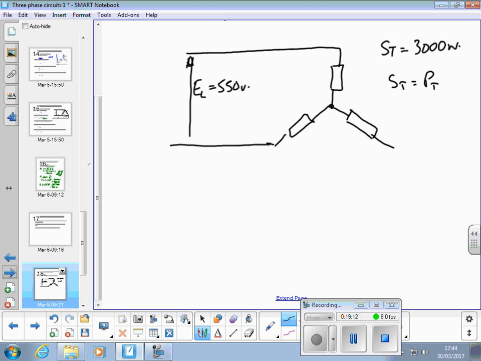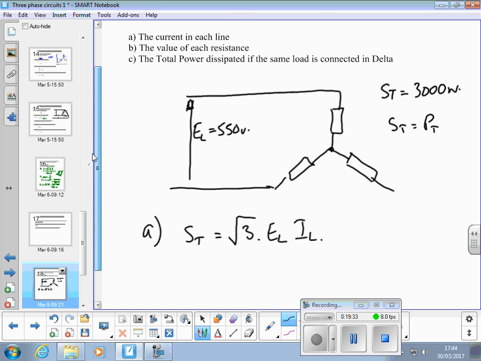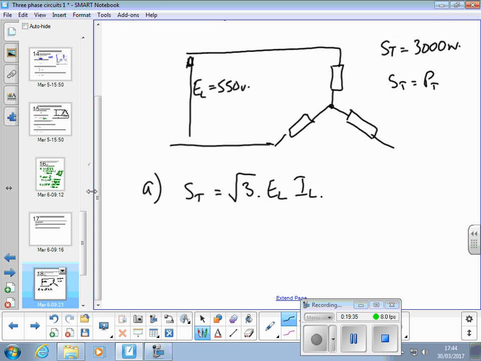And we tackle that problem from knowing, first part of the problem, that the total S, using this formula again, is root 3 EL IL. We're looking for the line current, but we've got that formula for the total apparent power.